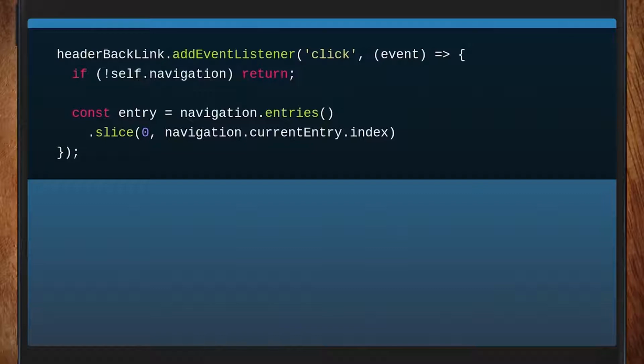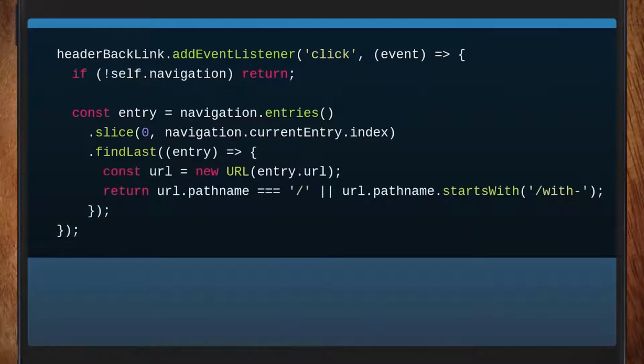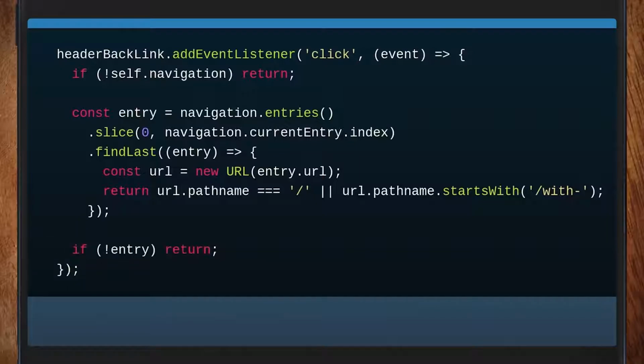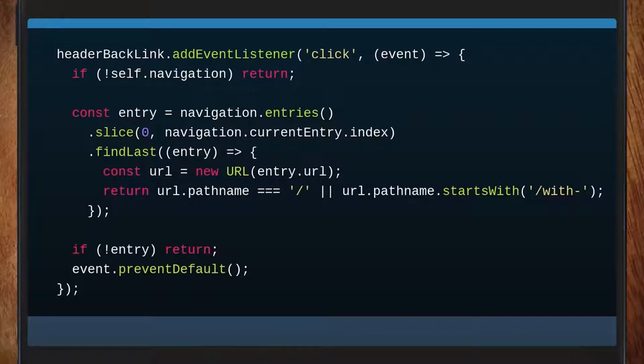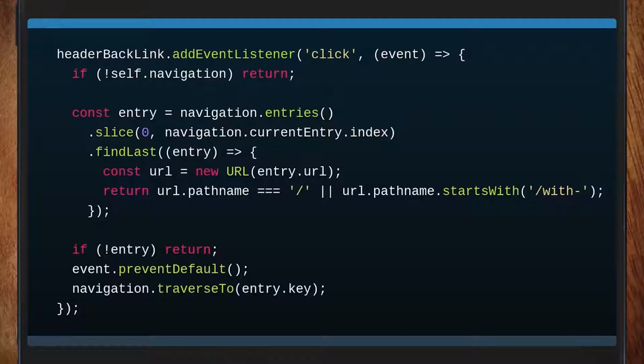Now I'm going to find the last one which has a pathname that starts with /with, because those were the index pages like with Surma, with Ada, with Paul. If I don't have an entry, just return, and a normal link click will happen. Otherwise, stop the link and traverse to that entry we found. And that's how that was done.